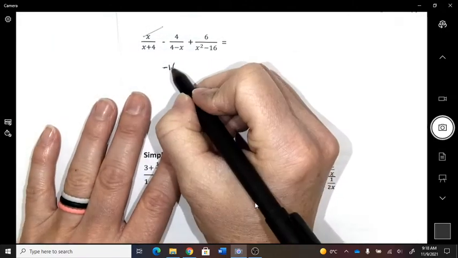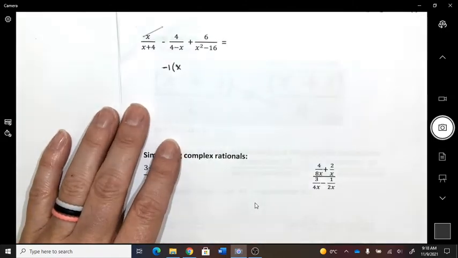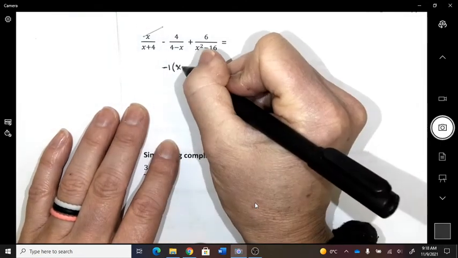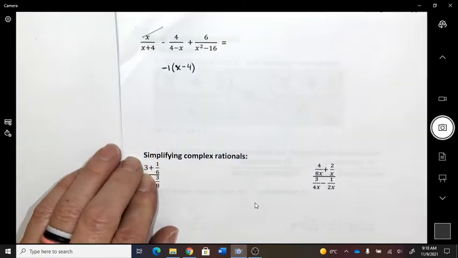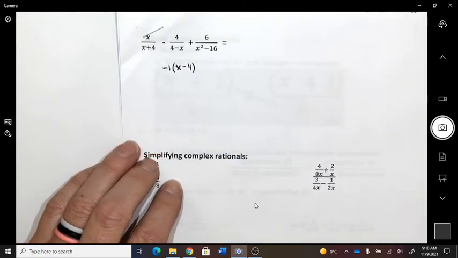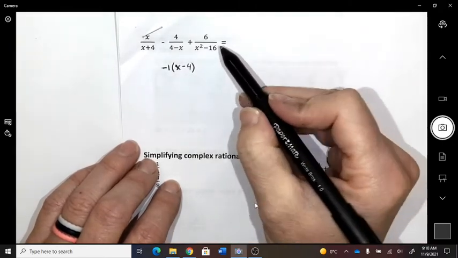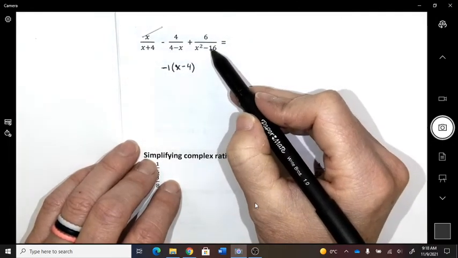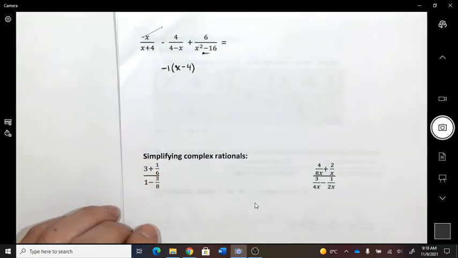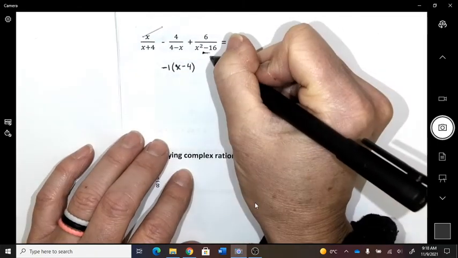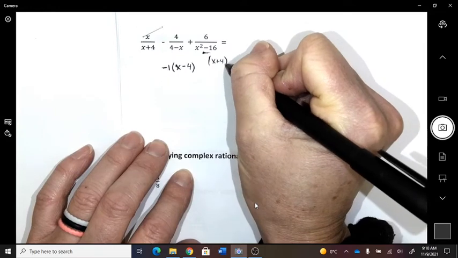So now I can write a positive x. And then the number 4 is now a subtract 4. Okay, and now this one, how will I factor that? That's a style. So this is a difference of squares.